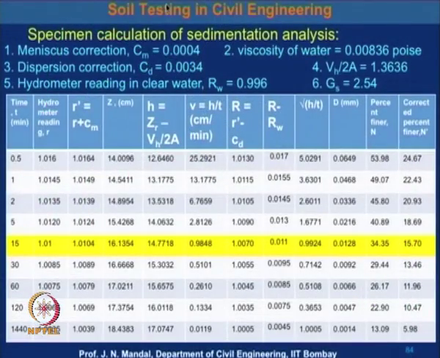Now you have to calculate H, that is Z divided by VH by 2A, for a particular time. Then you have to calculate V, that is H by T, in centimeter per minute.